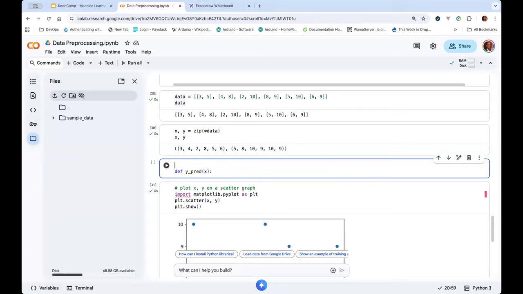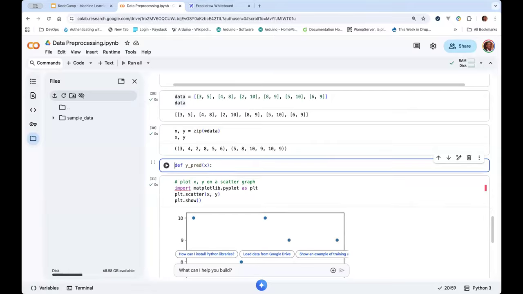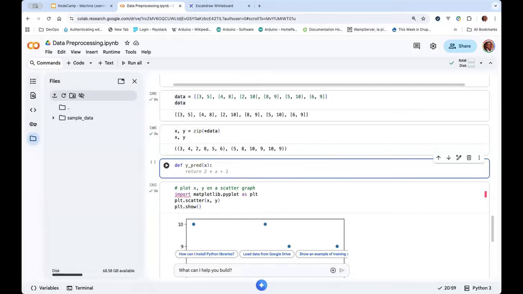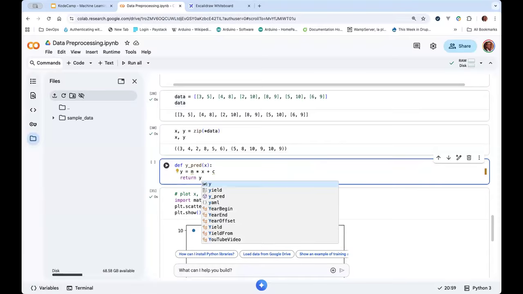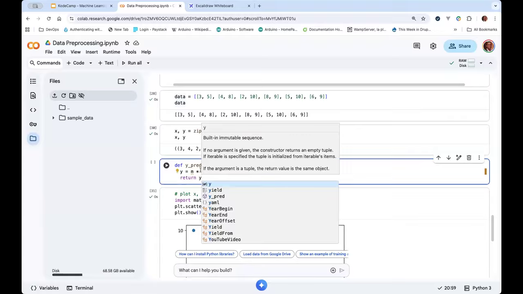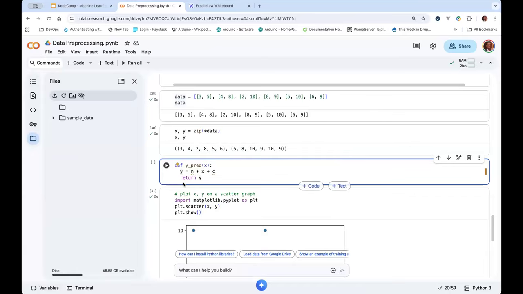So this is very simple, right? So we can now return y as y pred. I can use underscore or something. But y pred is the predicted value. It's not the actual y. That's why we need to differentiate. Sometimes we call it y hat.